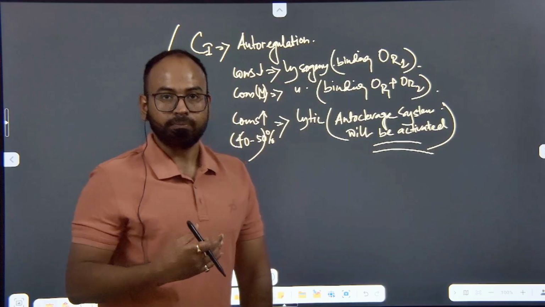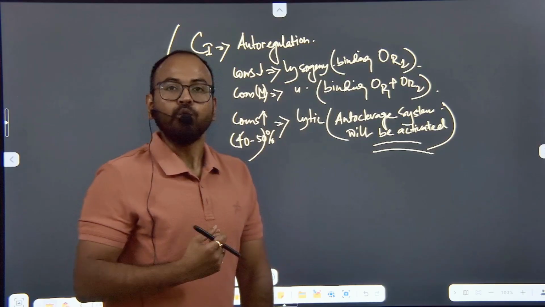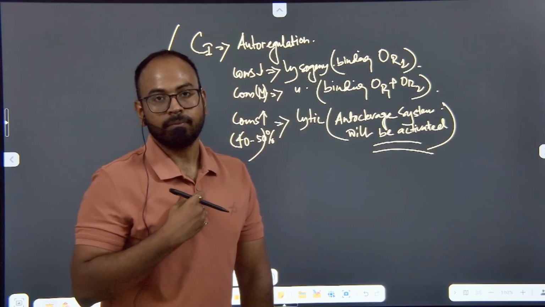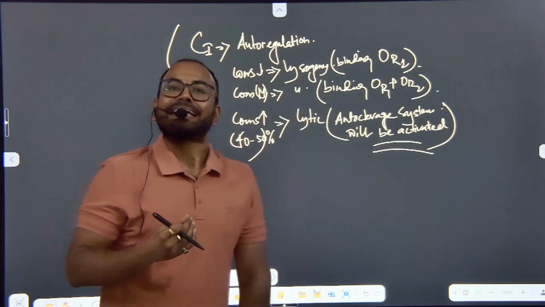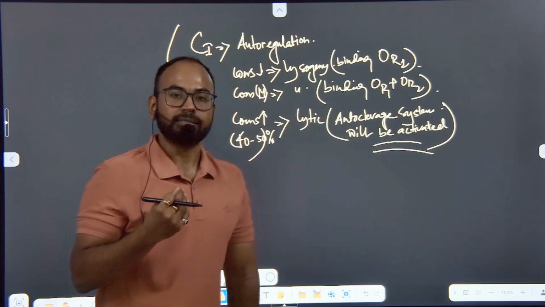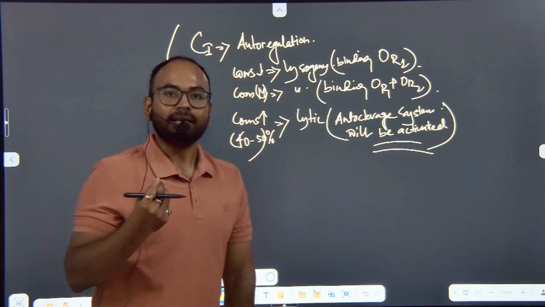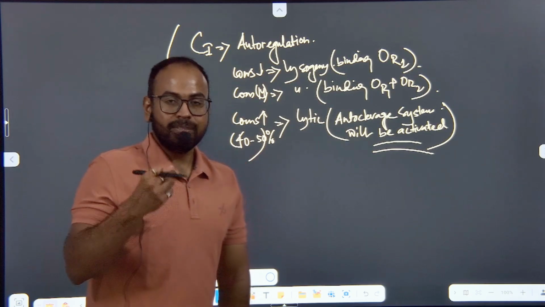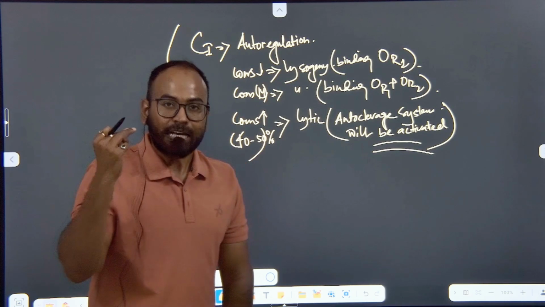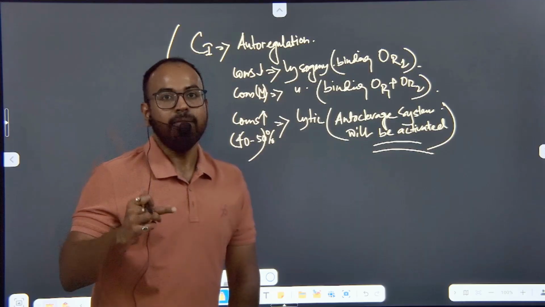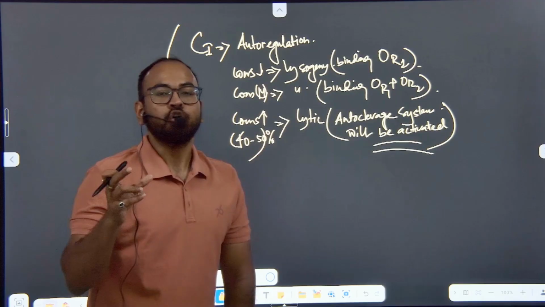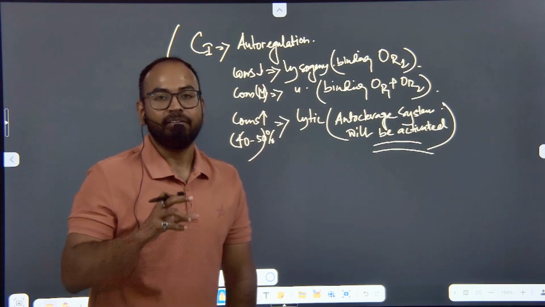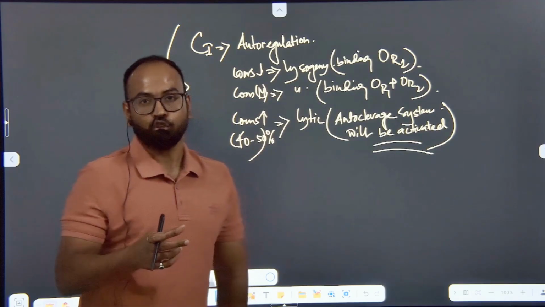Now, apart from C2 or C1, there lies a gene called INT, which is integrase. This is also associated with lysogeny. It will help the genetic element of lambda phage to introduce itself within the host chromosome.